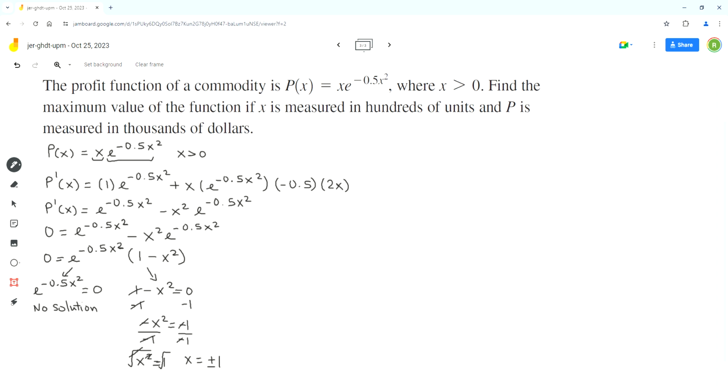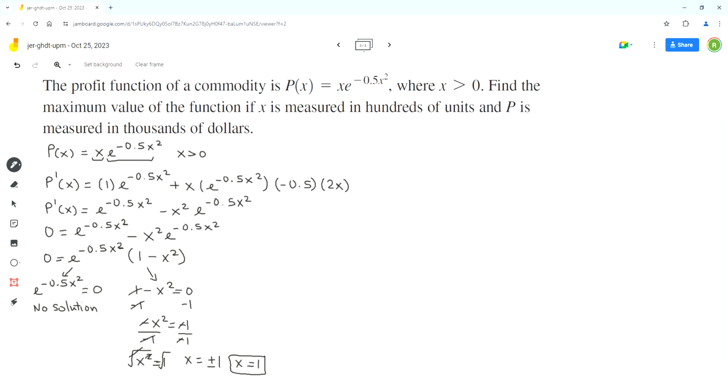plus or minus 1. Now the given domain is x is greater than 0. That means x equals -1 is an invalid solution. So the only valid solution here is x equals +1, because -1 is less than 0.